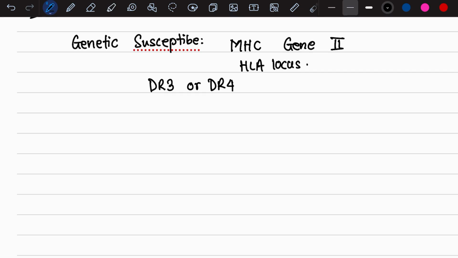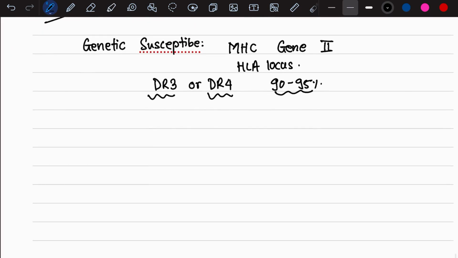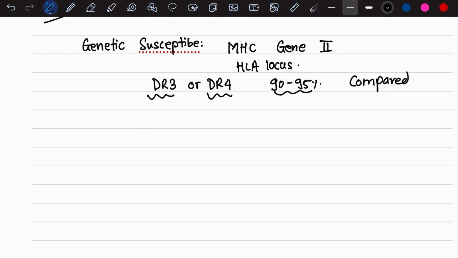The research data was that 90 to 95% of the whites who have type 1 diabetes have either DR3 or DR4 haplotypes, compared to 40% of normal subjects.